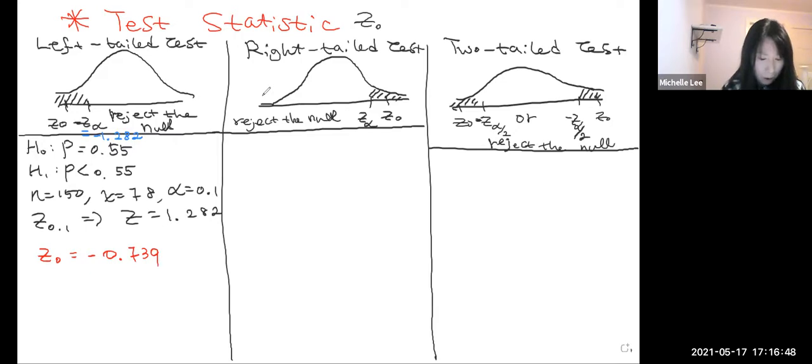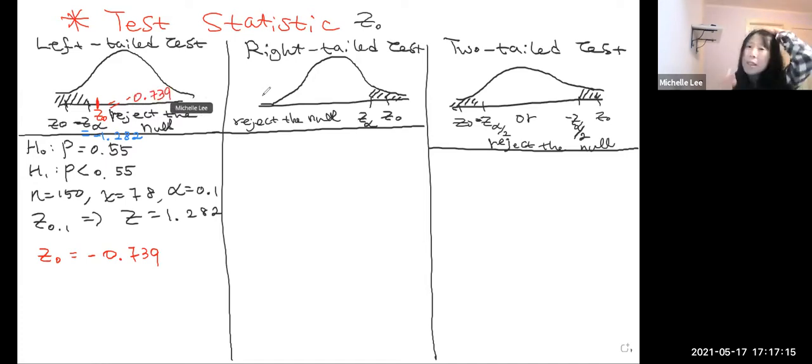But look, negative 0.739 is here, isn't it? So negative 1.282 is there. So this is Z naught, which is the same as negative 0.739.